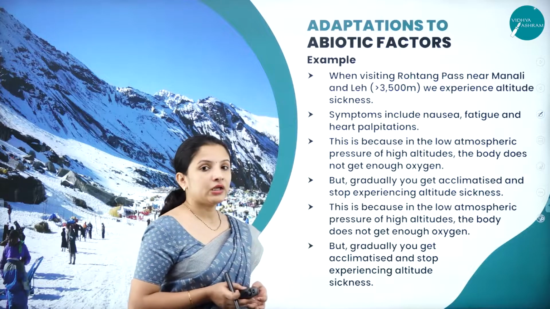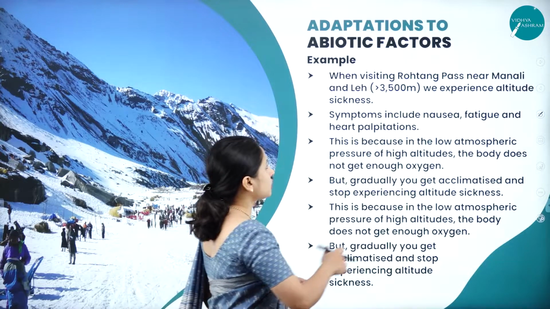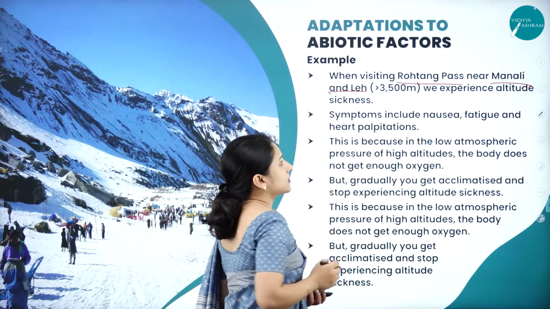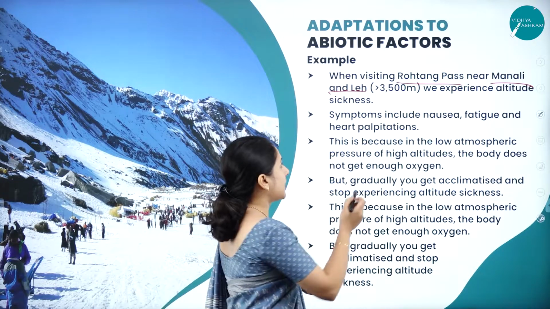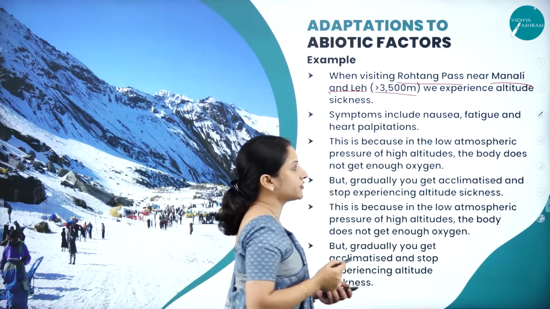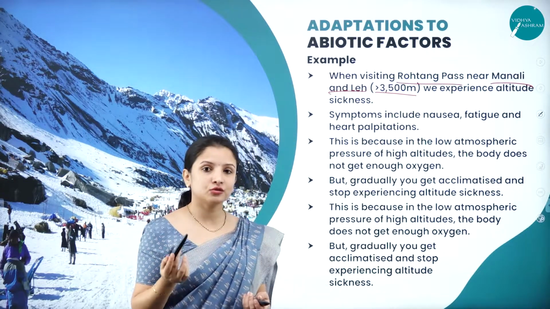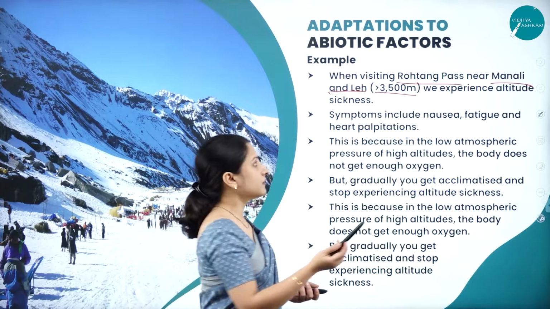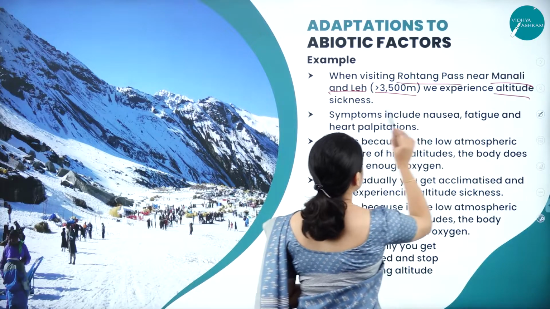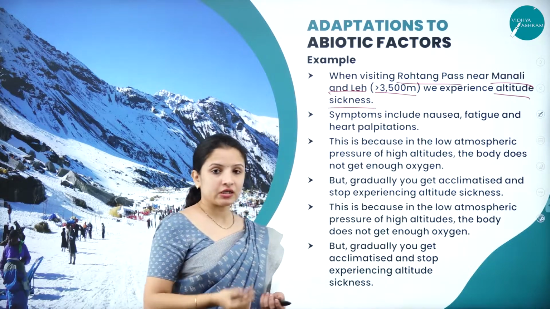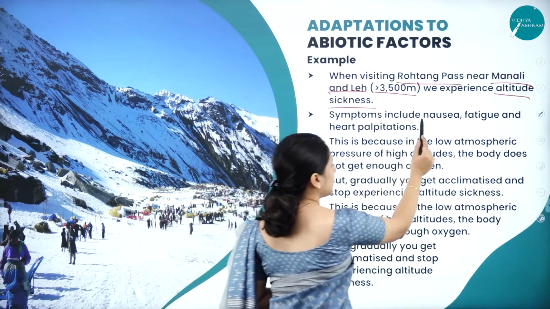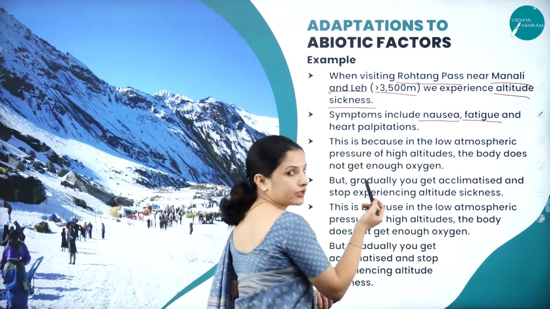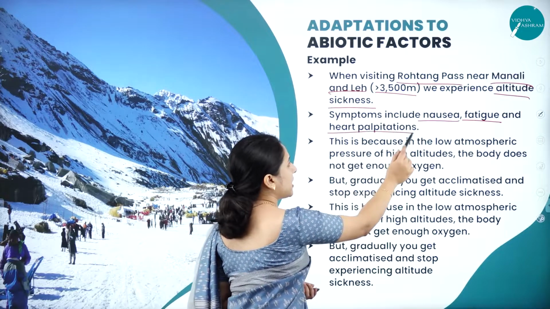So when tourists visit the Rohtang Pass, which is near Manali and Leh, the altitude of the Rohtang Pass is more than 3,500 meters. As soon as a tourist goes there for the first time, they will start to experience altitude sickness, which includes symptoms like nausea, that is a vomiting sensation, then tiredness, also called fatigue, and also heart palpitations.